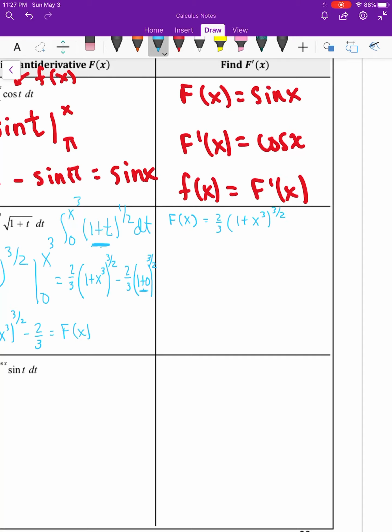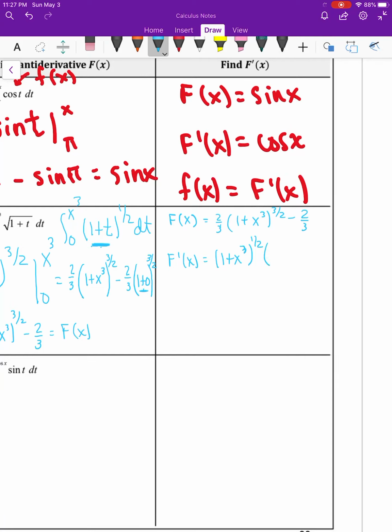And then we take my capital F of x that we just found, 2/3 times (1 plus x cubed) to the 3/2 minus 2/3, and we take the derivative of it. So I'm going to bring my 3/2 down times my 2/3, and it's going to give me 1.